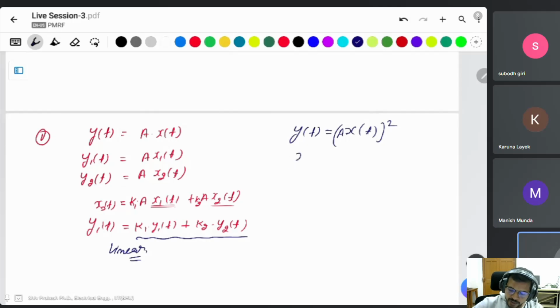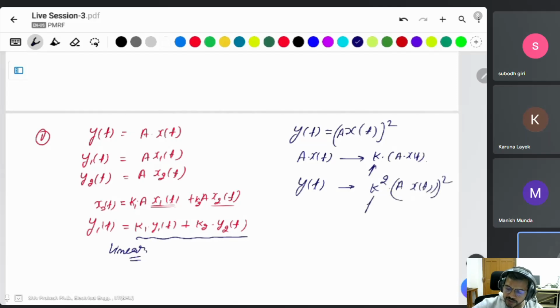If you want to replace this a x(t) with another signal, some constant k into a x(t), then what happens? If I take the output of this one, we will find k squared of a x(t) like that. It is not just k. That type of system is also nonlinear.